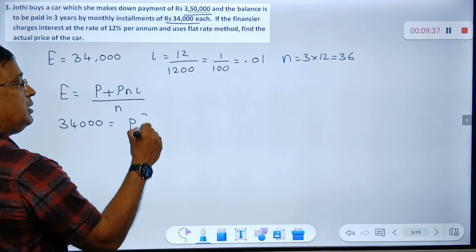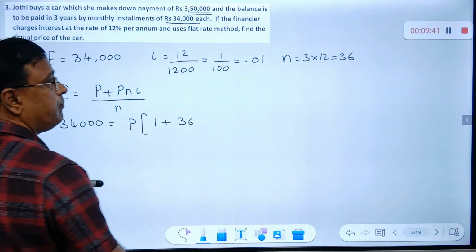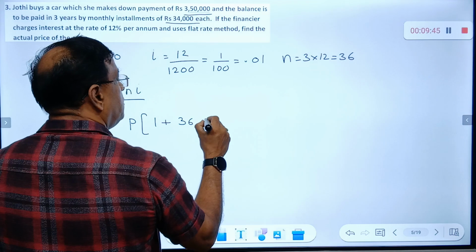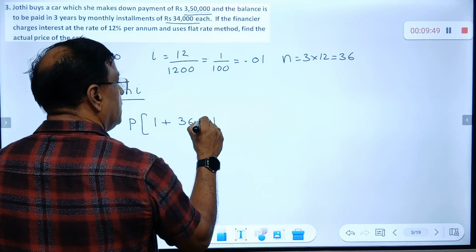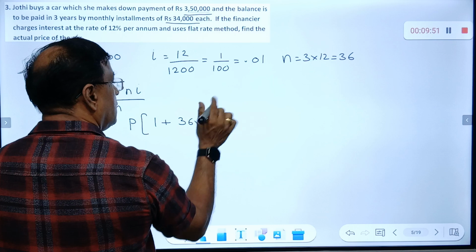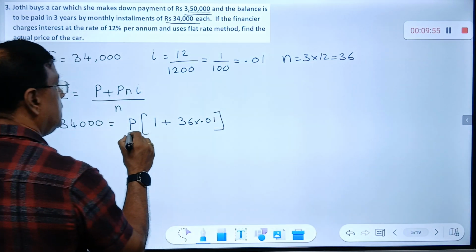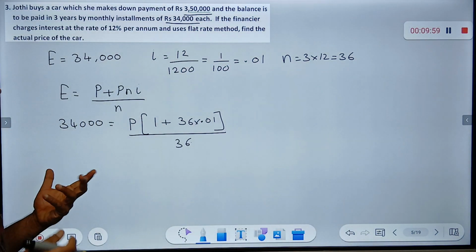I have taken P common. 1 plus what is N? N is 36. Right? I is 0.01. I is 0.01 divided by 36. Very simple calculation.